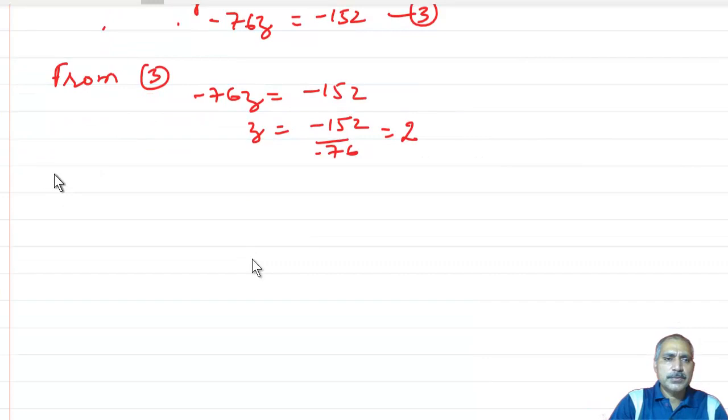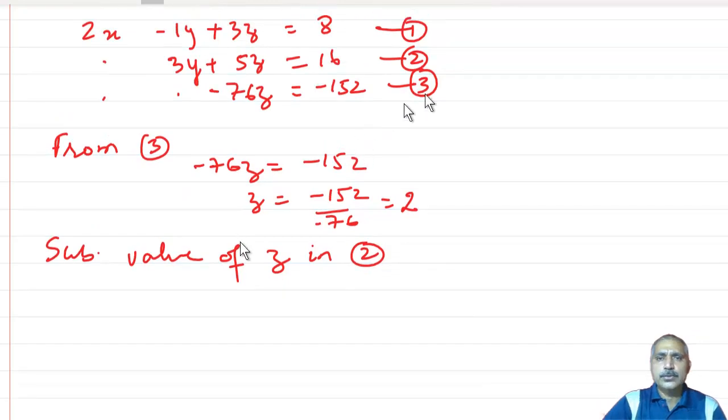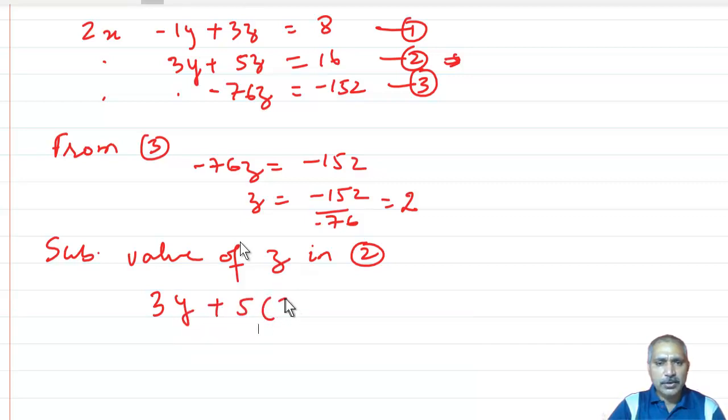Now substituting the value of z in equation 2. We have 3 times y plus 5 times z, z we got as 2, that is equal to 16.